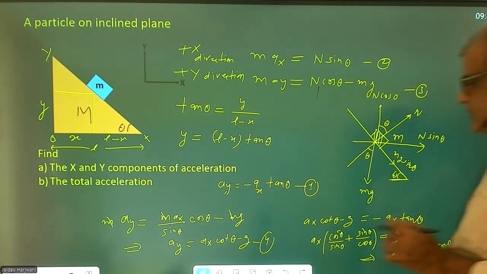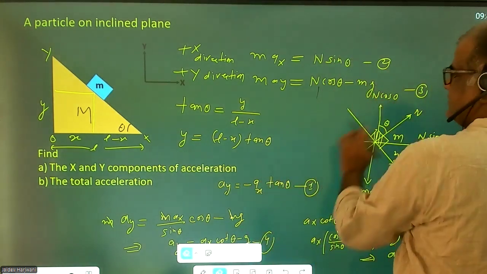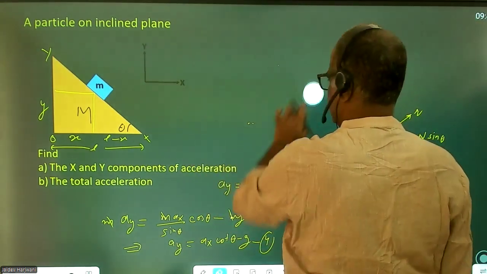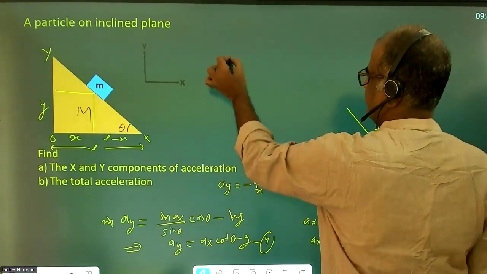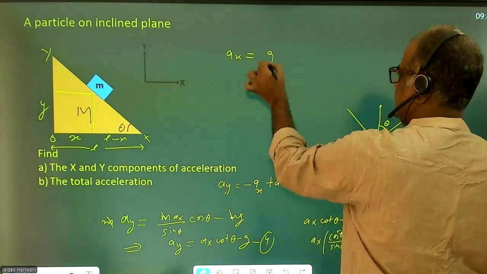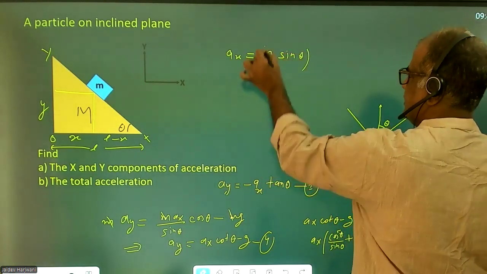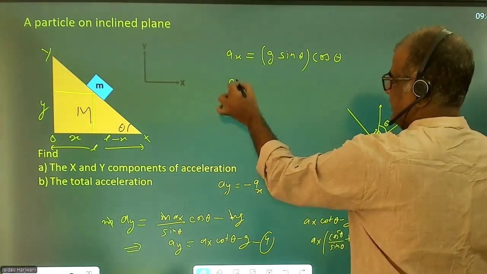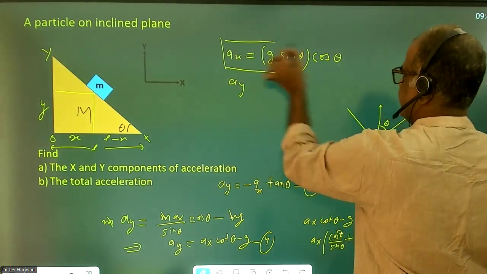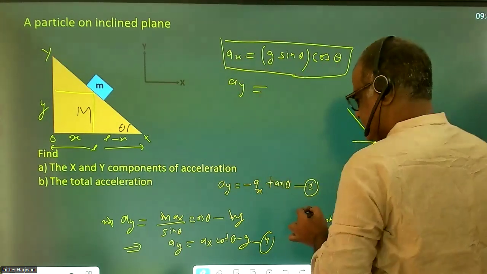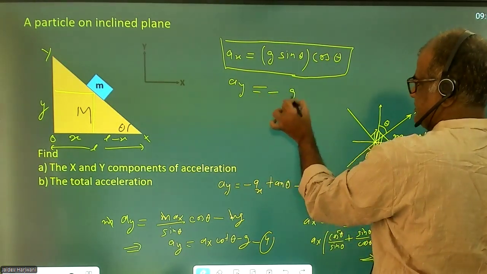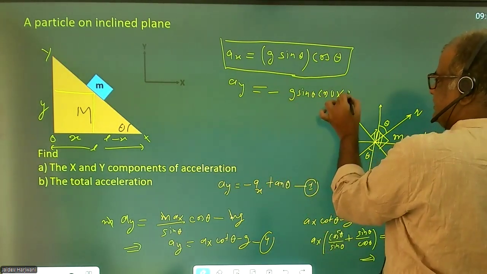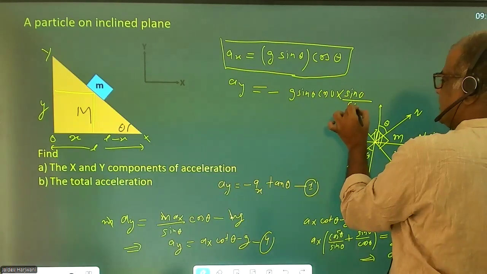Now I have the value of the x component. So x component is g sin theta cos theta. And now if I put the value here, I'll get ay is equal to minus ax, which is g sin theta cos theta into tan theta, that is sin theta divided by cos theta.